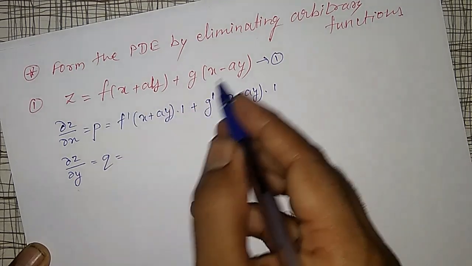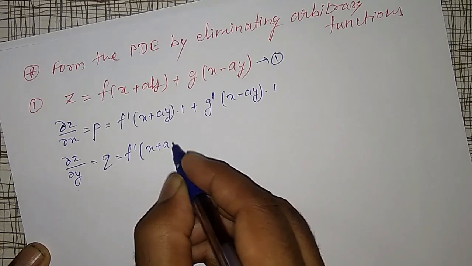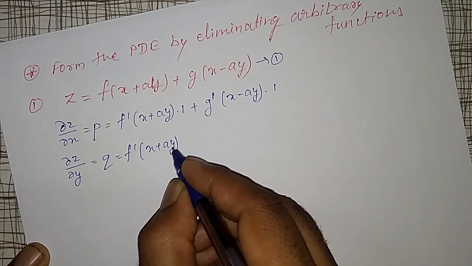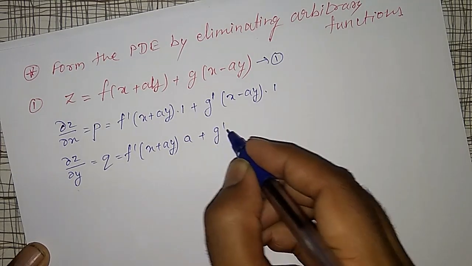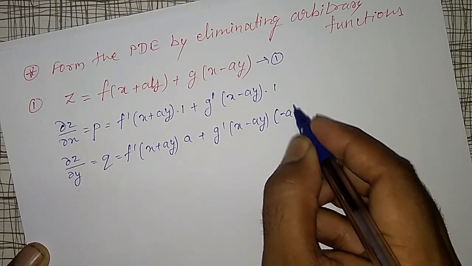Differentiating partially with respect to y, it will become f dash of x plus ay into a, plus g dash of x minus ay into minus a.